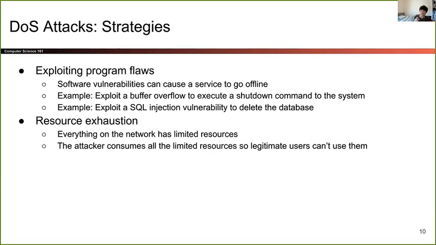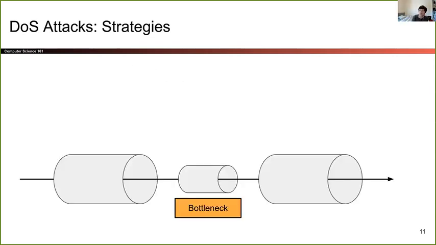The attacker is able to abuse this by consuming all the resources themselves. If they're consuming all the resources, say they're crunching a bunch of numbers, then no one else is able to use the CPU. And then those legitimate users can't access the service, or they can't directly access the CPU, depending on your service. So in DOS attacks that rely on exhaustion, we're going to be dealing with bottlenecks.